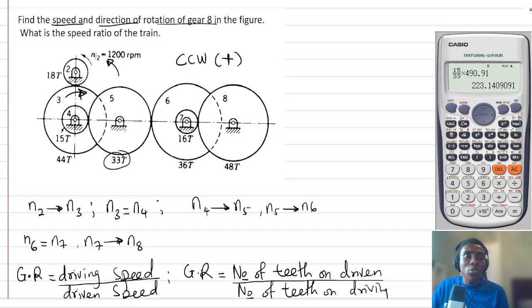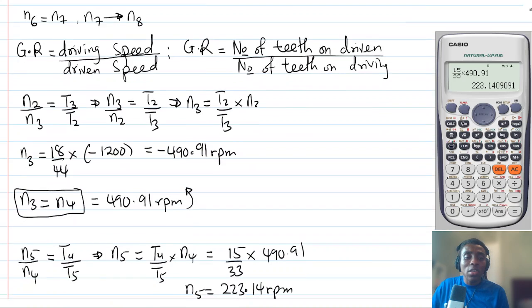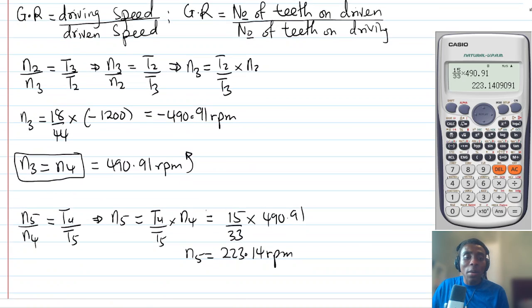Because if this moves counterclockwise, it's going to force 3 to move clockwise. Essentially, 3 and 4 will move the same way. 4 is meshing with 5, meaning 4 moves in that direction, and then it forces 5 to move again in that direction. So actually, we are expecting 5 to come back.